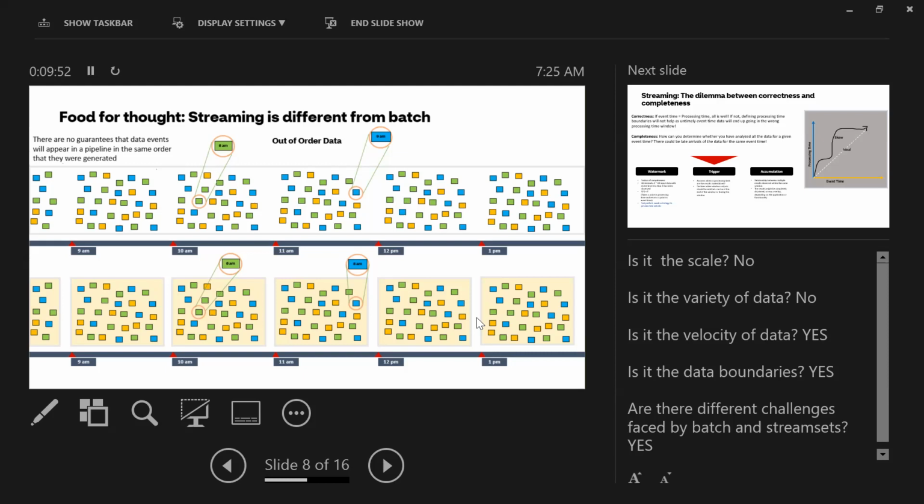There usually is always some discrepancy between processing time and event time. Your event might have occurred at 9 a.m., but it is appearing in your windows at 10 a.m. or 11 a.m. wall clock time. That's where it becomes extremely imperative to understand the concepts of windowing, event time, and processing time very clearly, because that way you will know that I do have scenarios where I have late-arriving data and I do need to deal with it somehow.